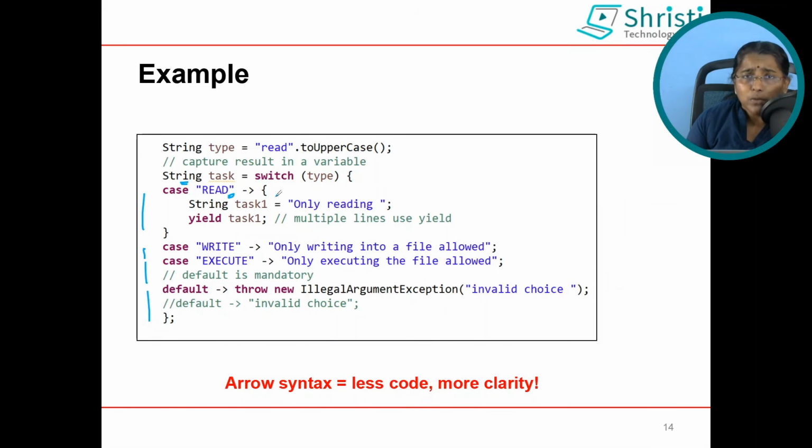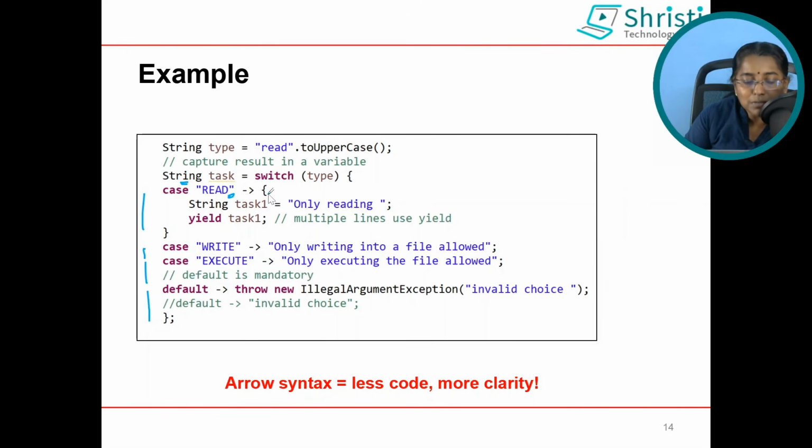I have only one single line of code. So directly I can provide the value. My dear guys, this is similar to a lambda expression. If you have multiple lines of code when you are working with lambda, you have to use curly braces and you need to add a return statement. If you have only one single line of code, then there is no need for curly braces, no need for a return statement. Same is the case here.